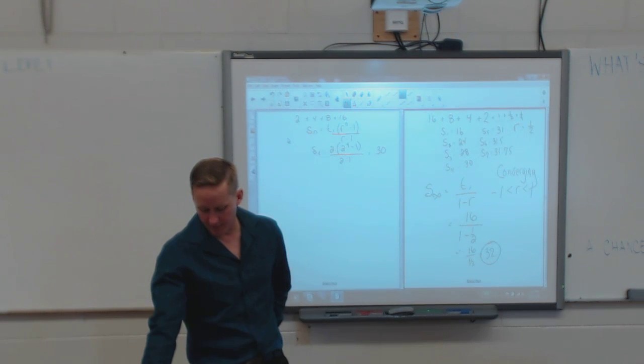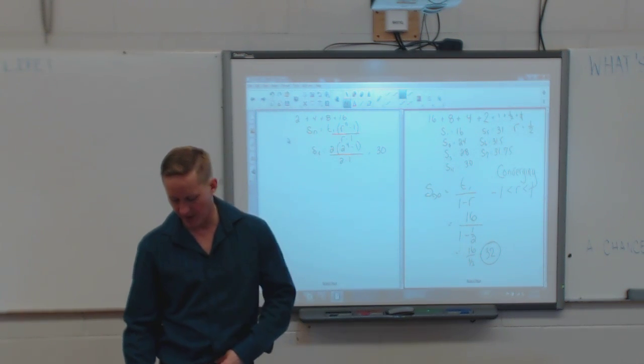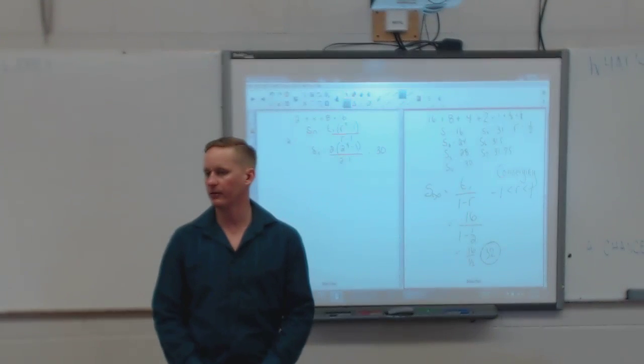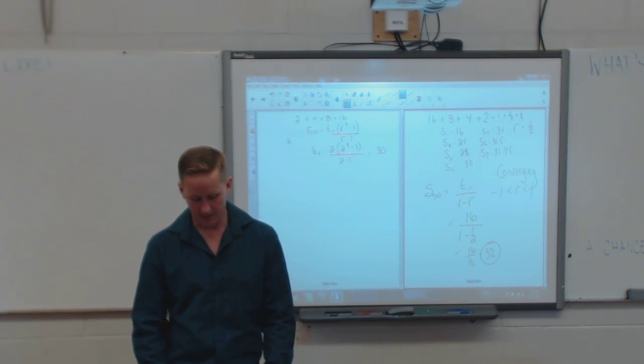To find the sum of an infinite geometric series, use s to the infinity is equal to t to the 1 over 1 minus r. An infinite series is divergent if the sequence of partial sums does not approach a fixed value. That would mean you would have an r value of 2, or something greater than 1 or less than negative 1.